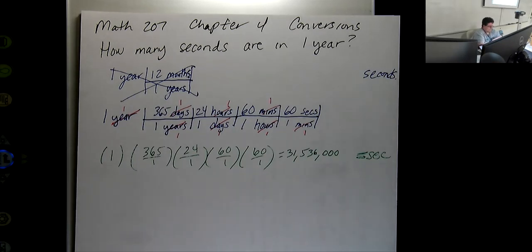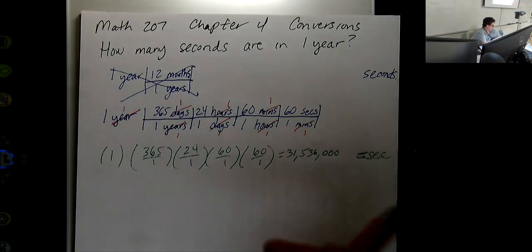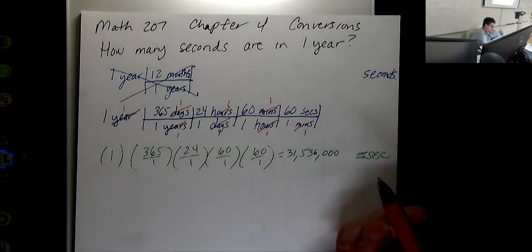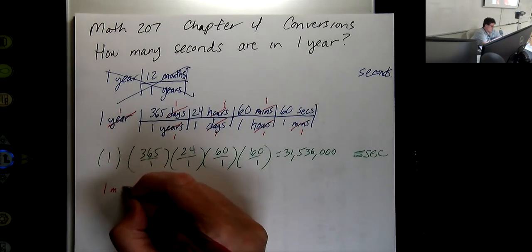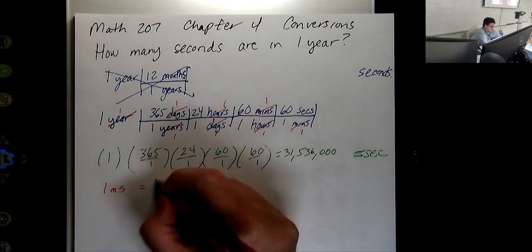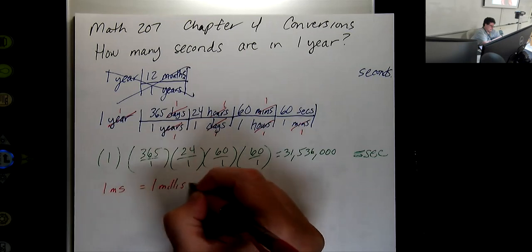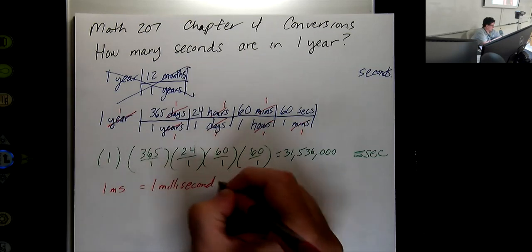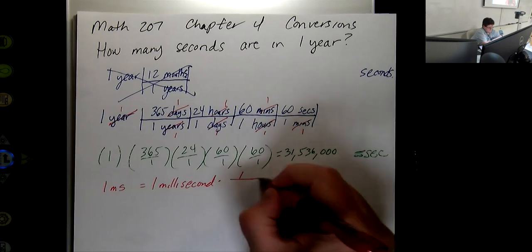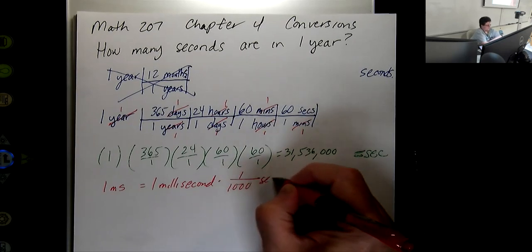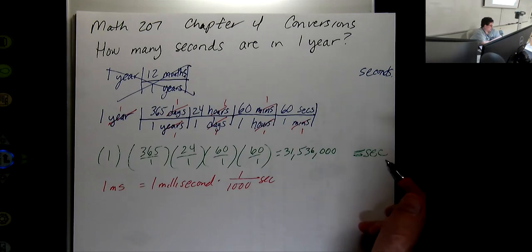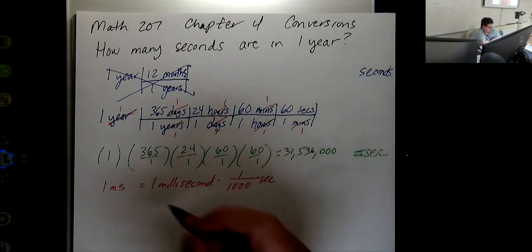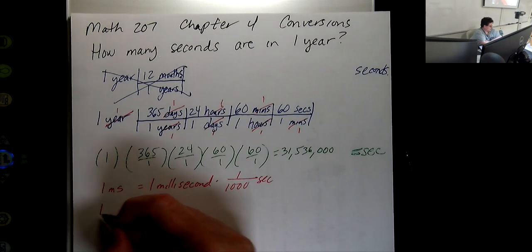Time breaks down even further, just so you're aware of it. They will often do 1 millisecond. 1 ms is 1 millisecond. This is like stopwatch stuff. It's 1/1000th of a second. And the other big one you see is nanosecond.